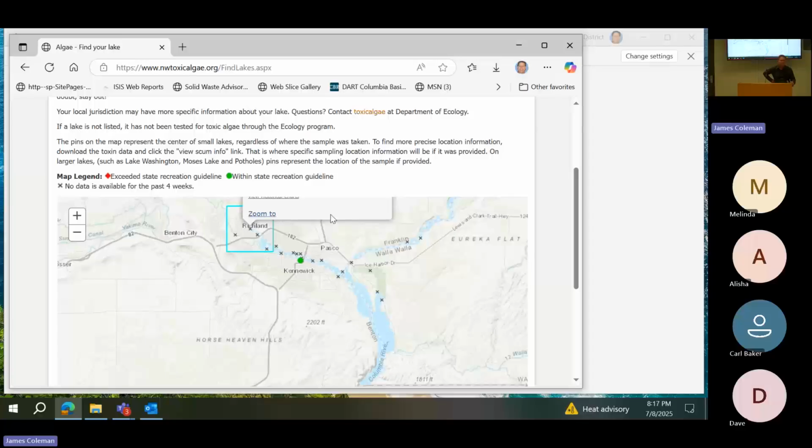I know you can't speak to all of that, but as a general rule of thumb, if you see a posting on here that says on July 7th we did see elevated levels, and then on July 11th, are we to assume that it is still a risk, even though there's no visual algae present? Very, very hard to say.